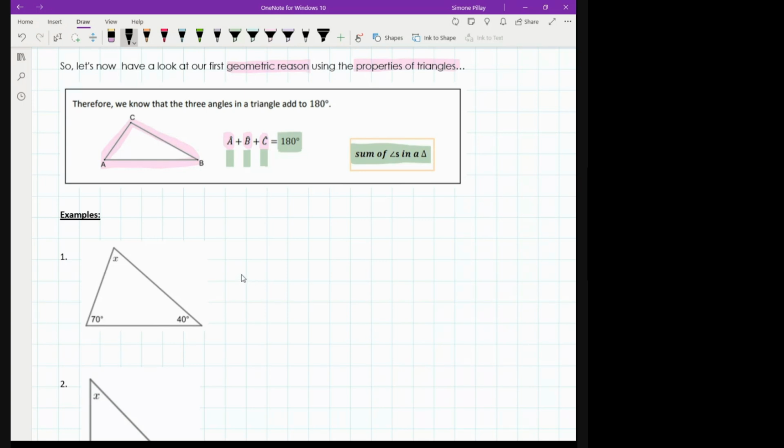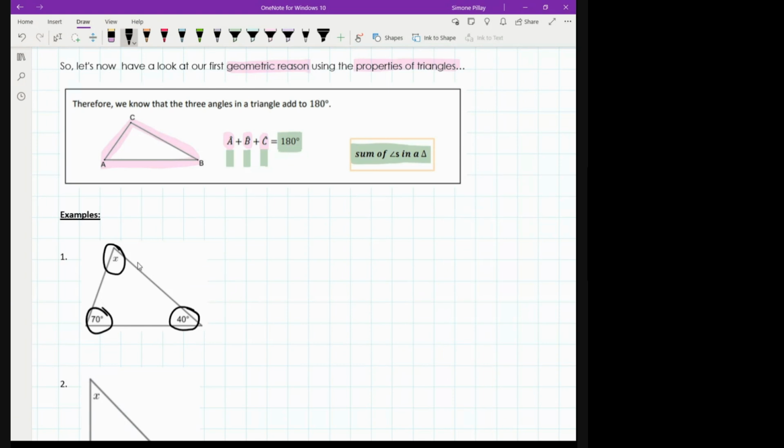The first example is a triangle, and there's an unknown over here, a variable, which is x. I don't know what x is, but I know my other two angles are 70 and 40. So if I ask you to solve for x, to determine the value of x, what are you going to do? Well, you're going to say this is a triangle, and inside it I have two angles that I know of, and there's only one unknown.